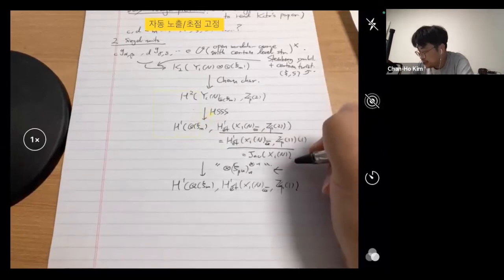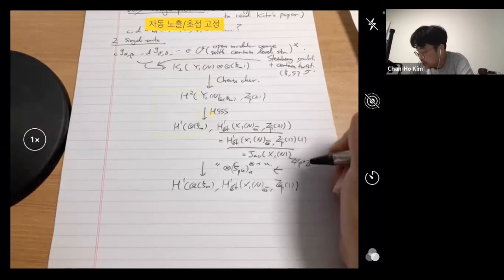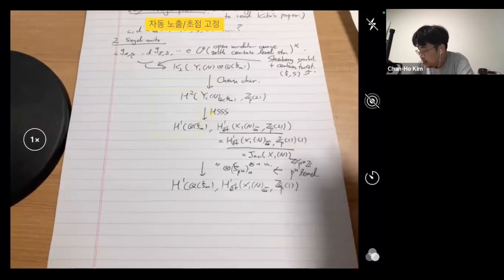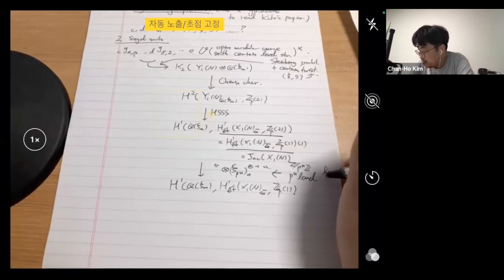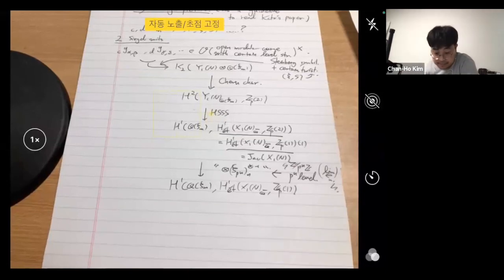Of course, this twist is not free. So in order to do that, we consider everything over Z/p^n Z, adding all p-power levels, and taking the inverse limit. This kind of thing is required.